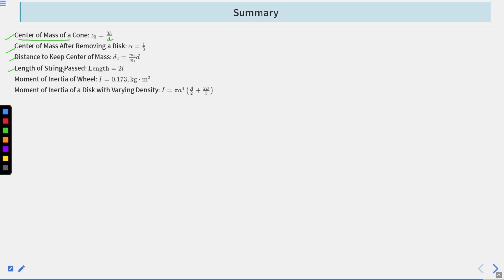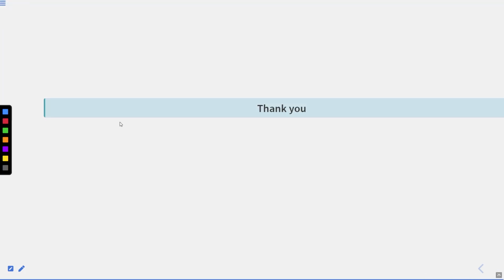Then the length of string passed, L equal to 2L, and the moment of inertia of a wheel and of a disk with varying density. So we solved and learned these concept questions. Thank you.